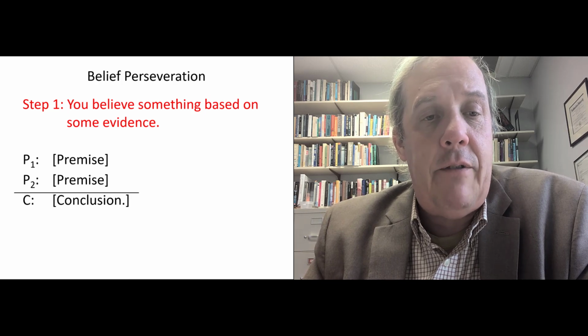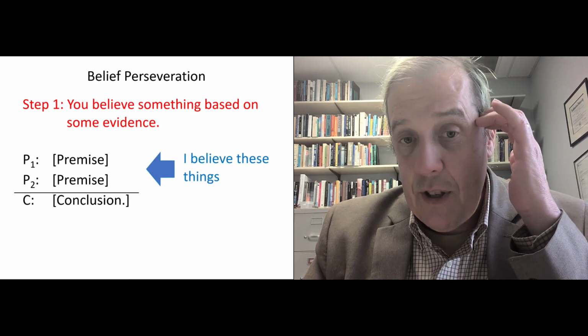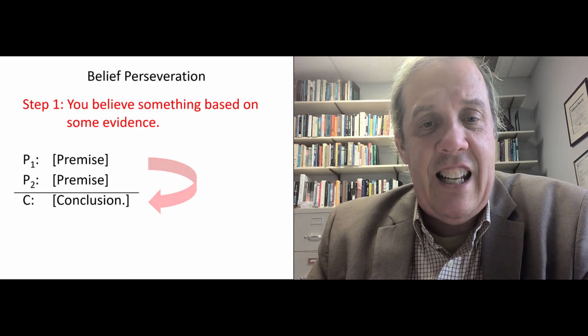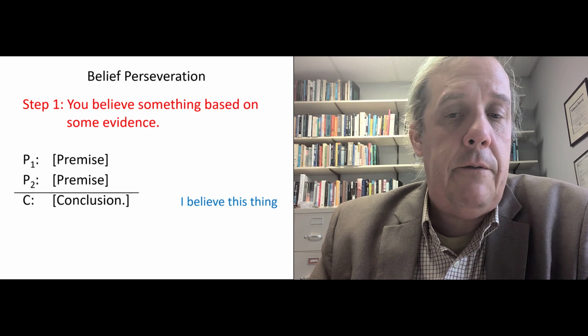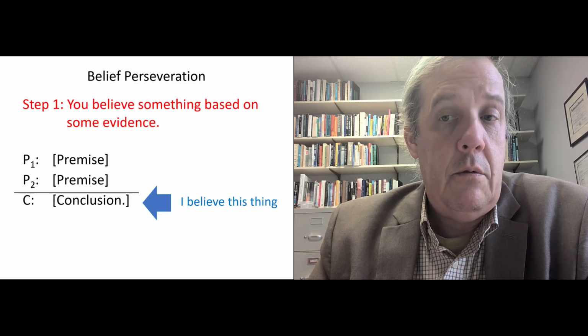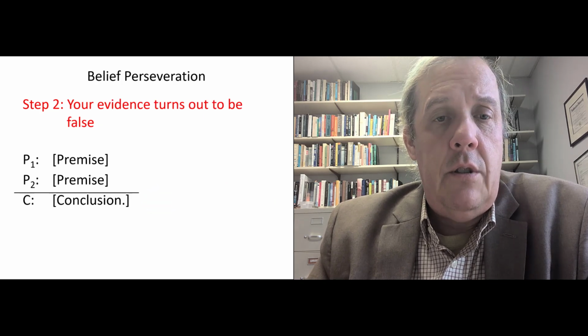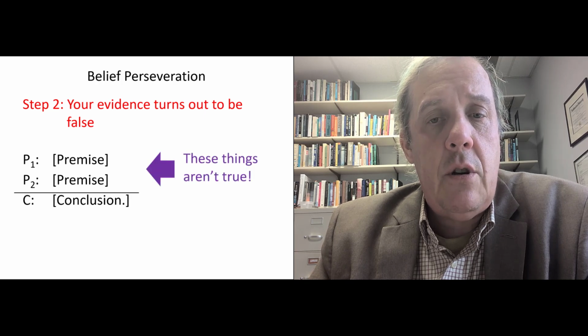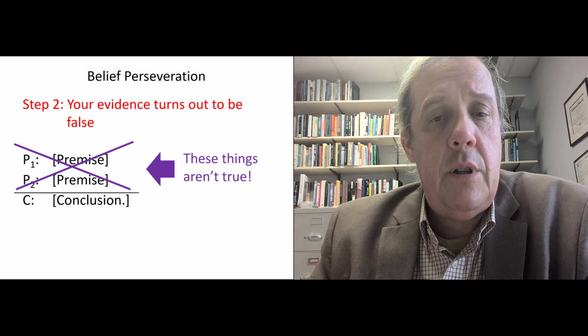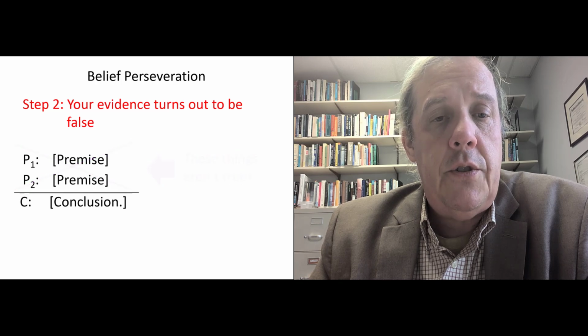And so this is just how evidence works. You believe some premises, and then you make an inference, and that leads you to believe the conclusion, right? Well, step 2, what happens if the premises turn out to be false? You believed them, but they're not true. So the premises go away.